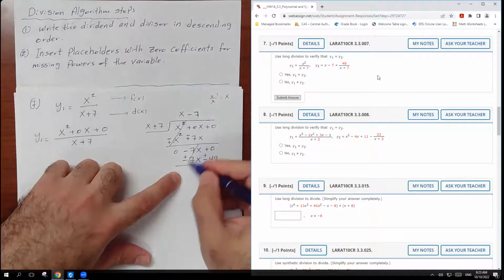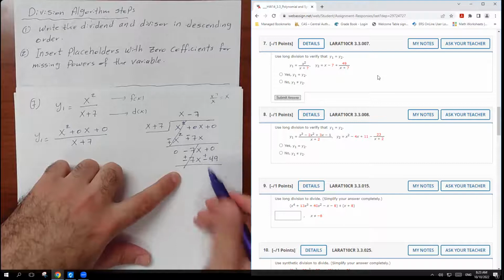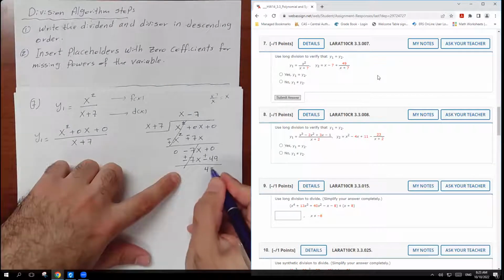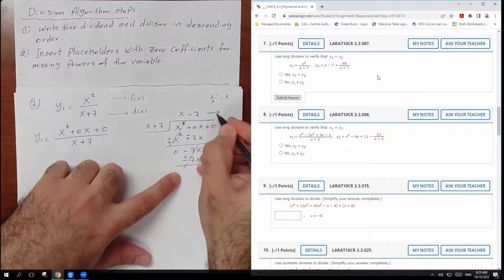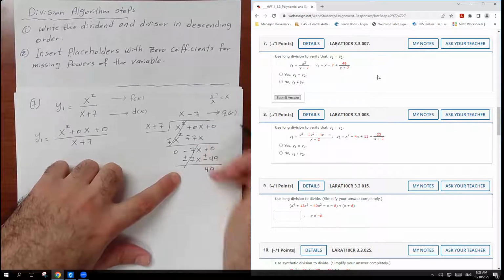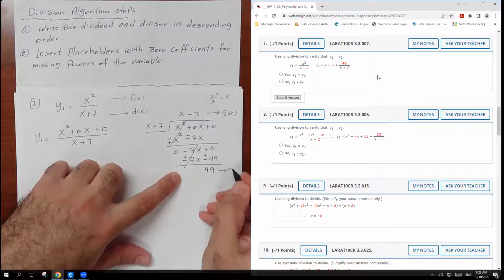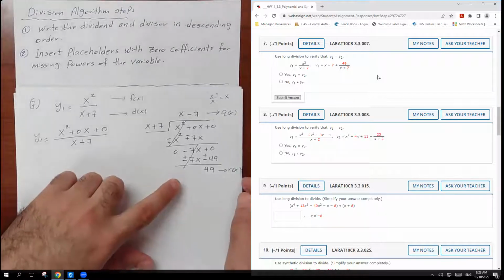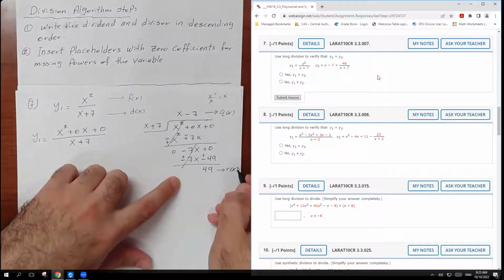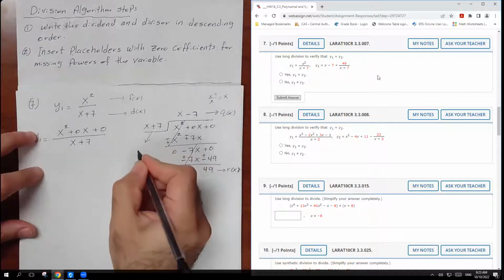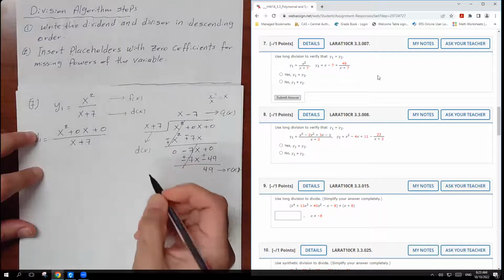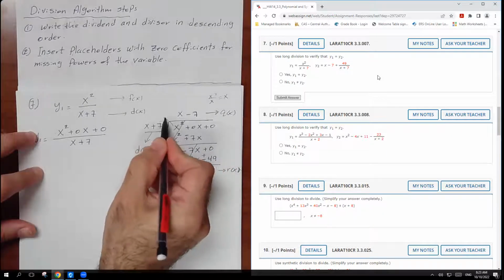So now this is 0. 0 plus 49 is going to be 49. Now this is q of x. This is r of x, the remainder. See, now the remainder is not equal to 0. This is d of x, and this one is f of x.